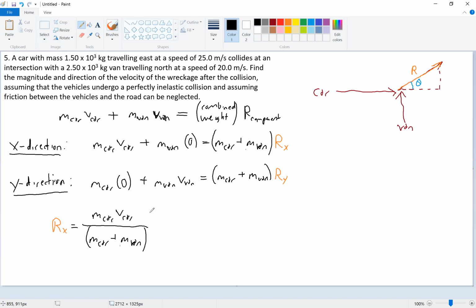And similarly, Ry is going to be this divided by this.